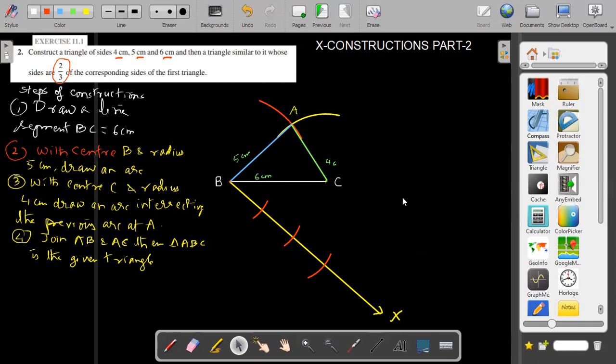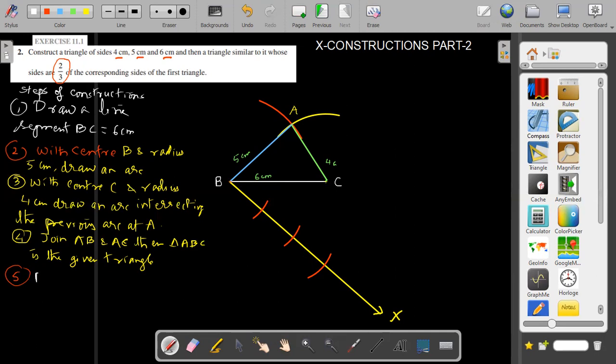So what we have done, along BC, make an acute angle. This is called CBX, acute angle. So the fifth step is we have to make one line with an acute angle. This angle should be less than 90 degrees.